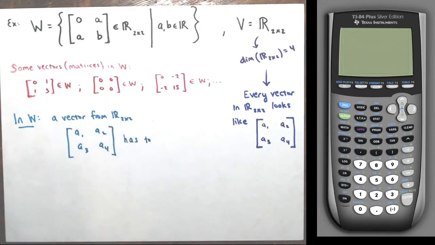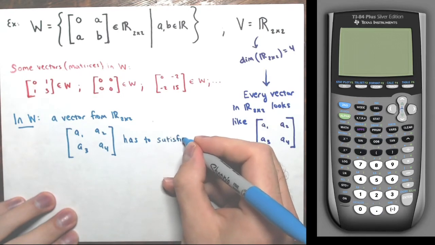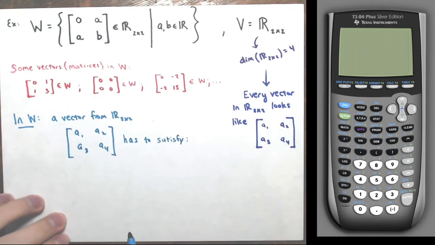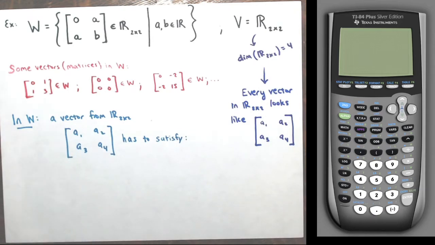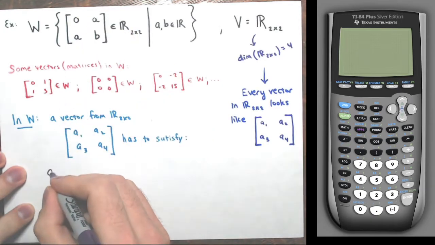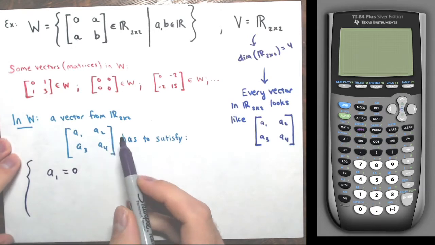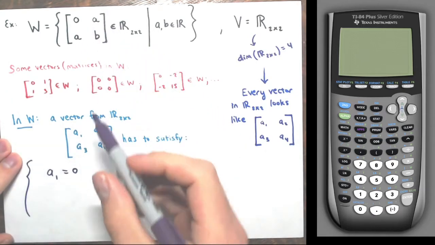And this is where, like in the first example, it's in the conditions that need to be satisfied to be in the set W. That's where we're going to get our system of linear equations from. It has to satisfy the following. a1 needs to be 0. The first row, first column entry needs to be 0. All right, here's the system. a2 and a3 need to be the same.